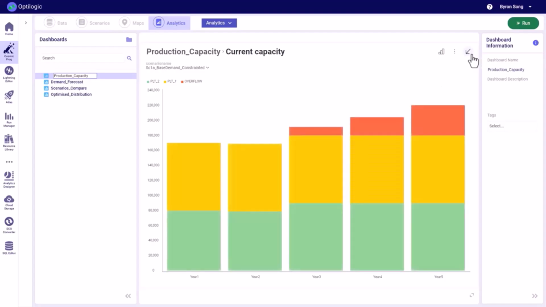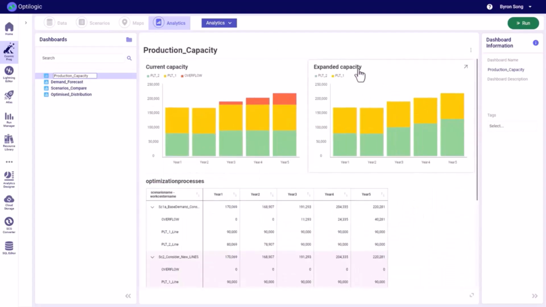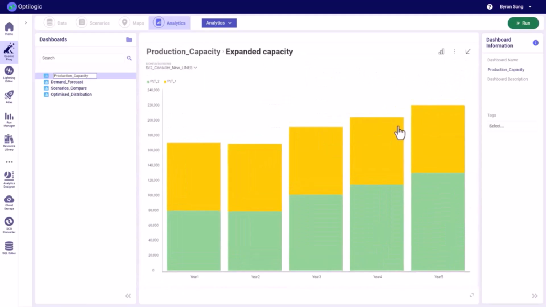Now let's go back to the dashboard and review the expanded capacity scenario. This is from scenario 2, consider new lines. In this scenario, we've allowed the model to consider the new lines we've set up earlier with the fixed operating cost and the startup cost.